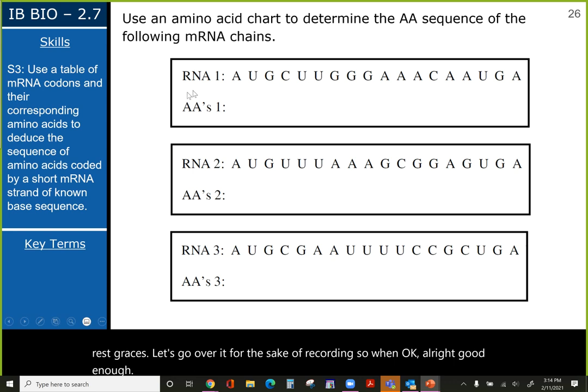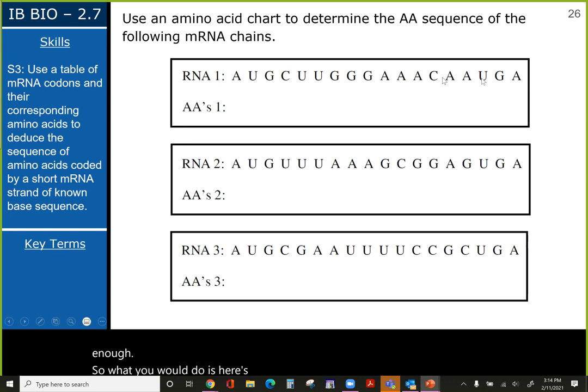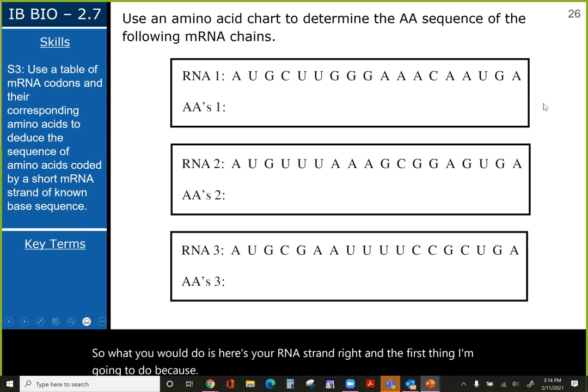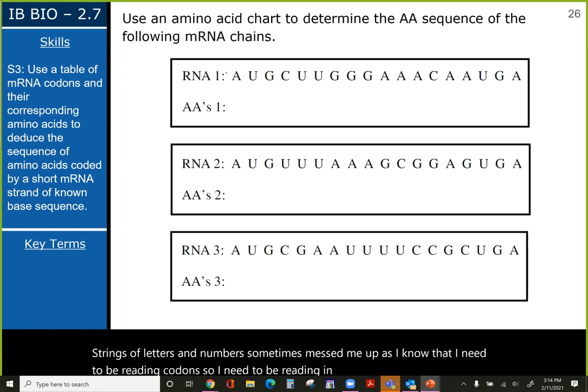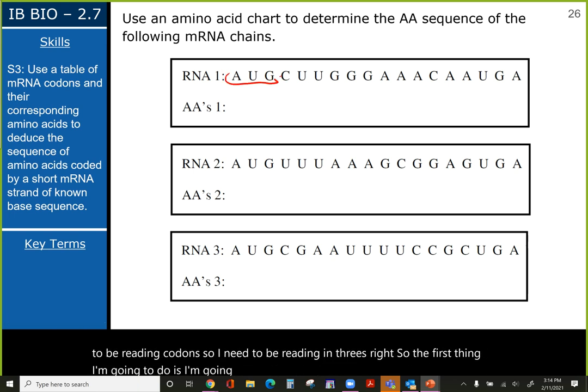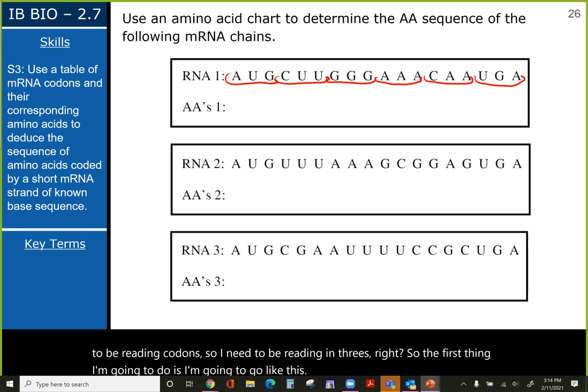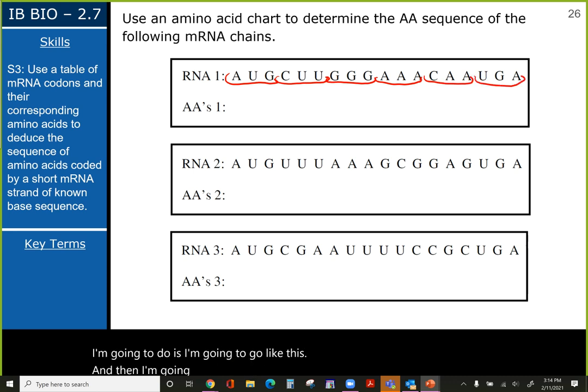So what you would do is, here's your RNA strand, right? And the first thing I'm going to do, because strings of letters and numbers sometimes mess me up, is I know that I need to be reading codons, so I need to be reading in 3s, right? So the first thing I'm going to do is I'm going to go like this. And then I'm going to use the amino acid chart, and I'm going to figure out what amino acids go with those codons.